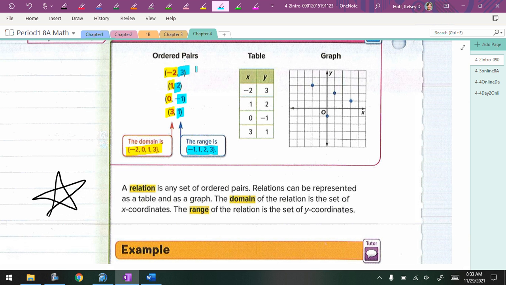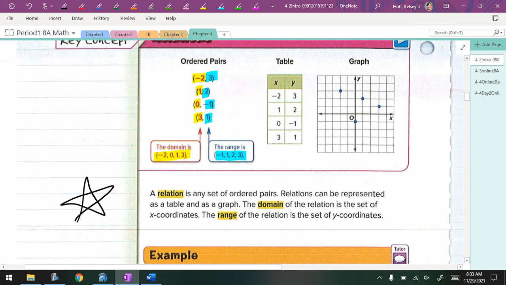All of the x's are your domain. All of the y's are your range. Today, that's all I'm going to ask you to do over and over again. Tell me the domain, tell me the range. The biggest thing, domain is x, range is y.